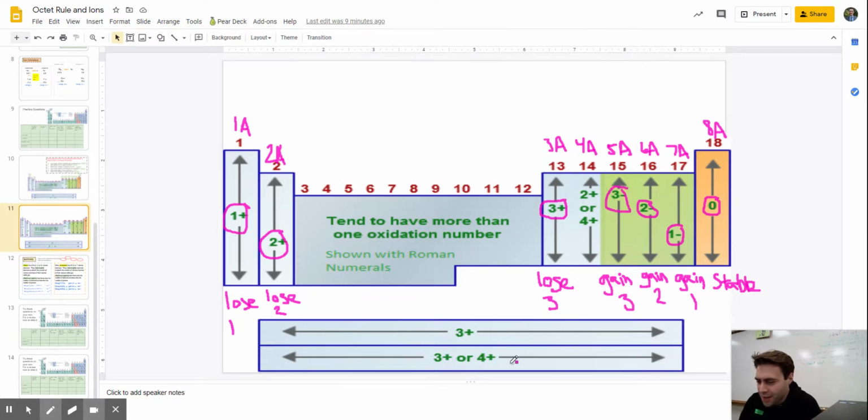What we're not going to worry about are the transition metals. Okay, don't worry about those. Don't worry about group 4A so much. All right, and don't worry about these metals down here, the lanthanides and the actinides. Don't worry about those too much, okay?